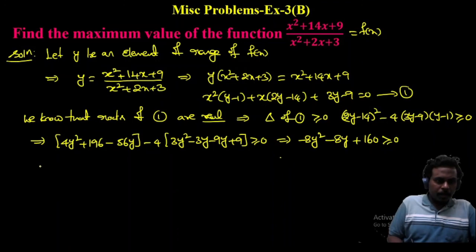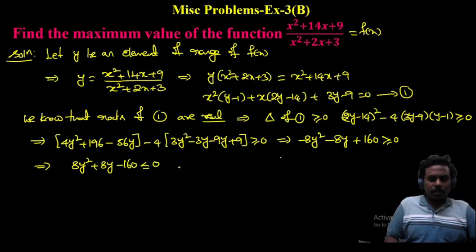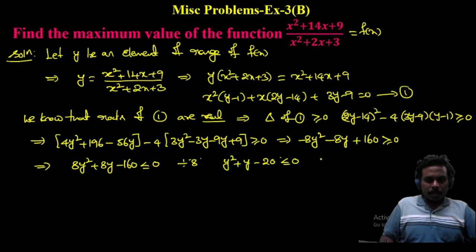Now I multiply throughout by minus, I get 8y square plus 8y minus 160, then the inequality is going to reverse. Now throughout dividing by 8, we get y square plus y minus 20 is less than or equal to 0. Now this can be factorized.